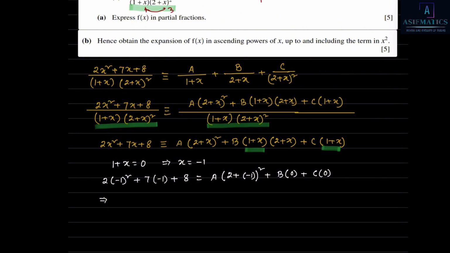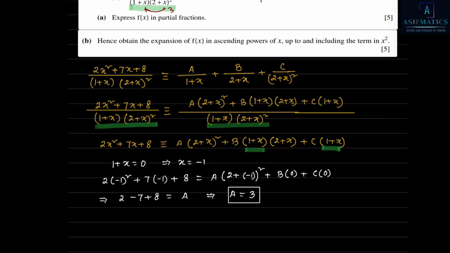So from here, if we calculate, we can get our a value. 2 minus 7 plus 8 equals, 2 minus 1 is 1, so 1 squared is a. So from here, our a result is 10. Sorry, a result is 3. So this is our a value.